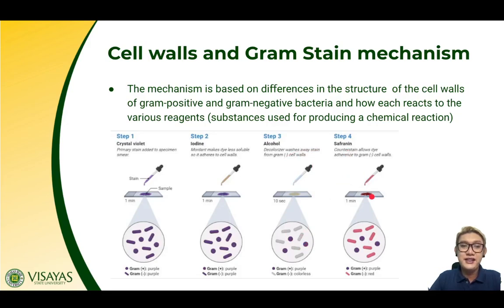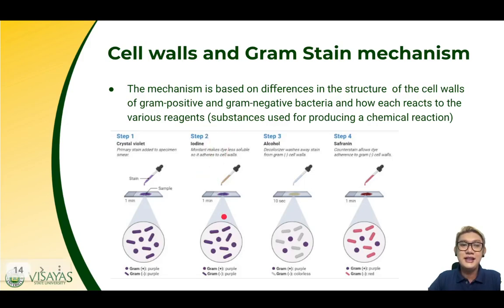You will also be doing this in your laboratory. What you do first is stain the cells with crystal violet. The crystal violet will bind directly to the peptidoglycan layer of the bacterial cell wall. Then you add iodine as the mordant.